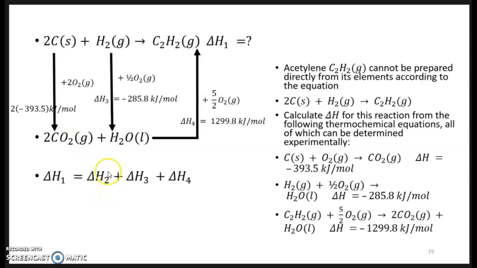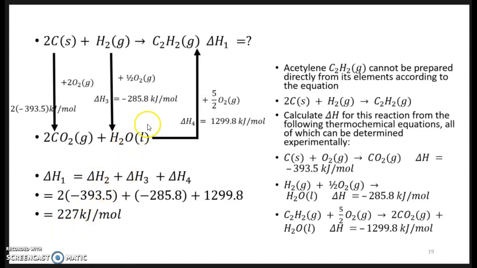So we can slot in the values: 2 times 393 minus 0.5 plus 285.8 plus 1299. And I also want us to note this, that the 2O2 plus the 5 halves is nullified here. So the answer is 227.